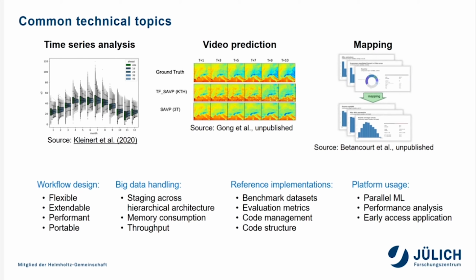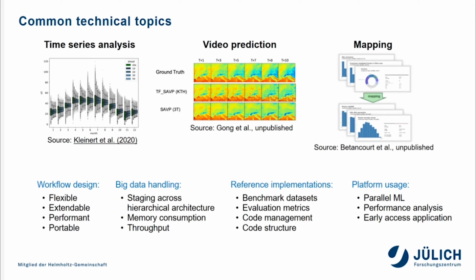We are all dealing with big data handling, so this concerns things like staging across the hierarchical storage architecture at the Jülich Supercomputing Centre. This is especially relevant, of course, when we are using these huge data sets from the meteorological models. Other aspects concern memory consumption.